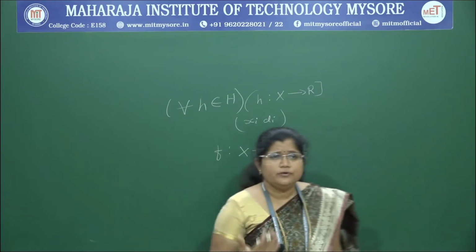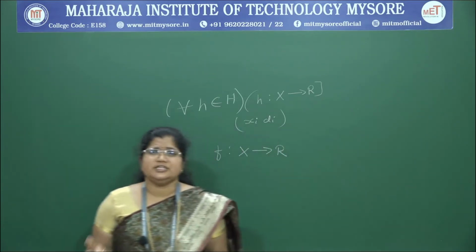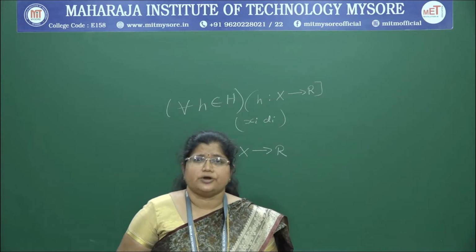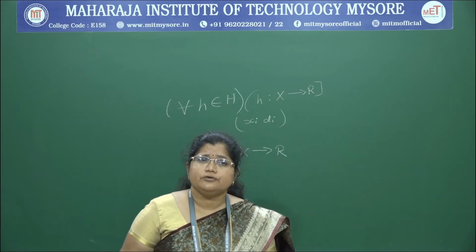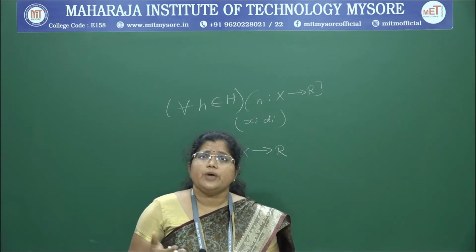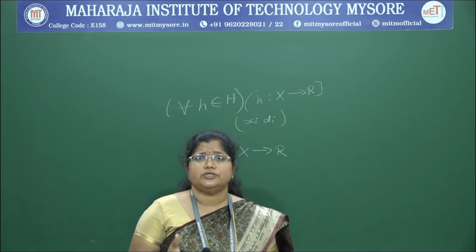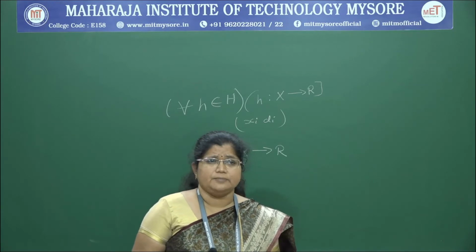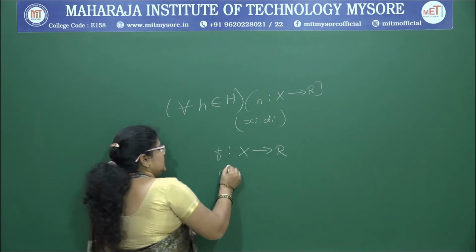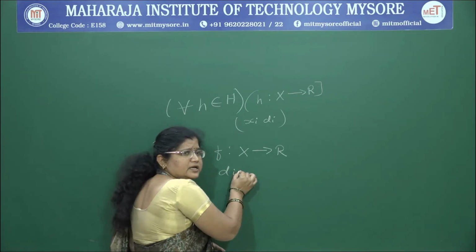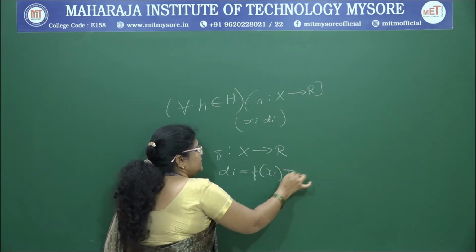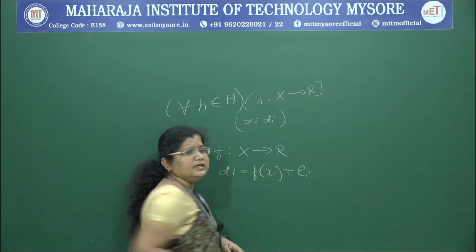That is, in a set of m training examples, a few are error free, whereas a few contain noise. When noise is introduced into a training example, we represent it as di equal to f of xi plus the error ei.